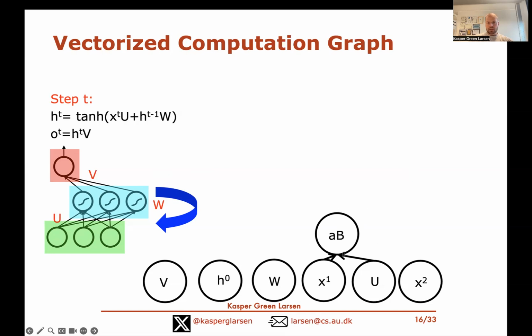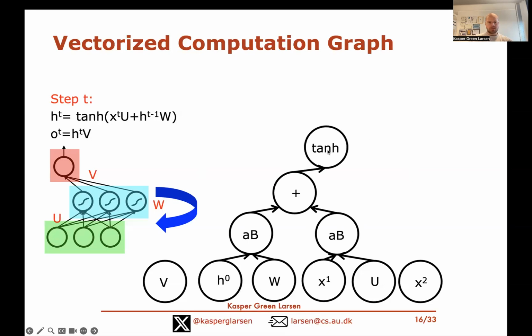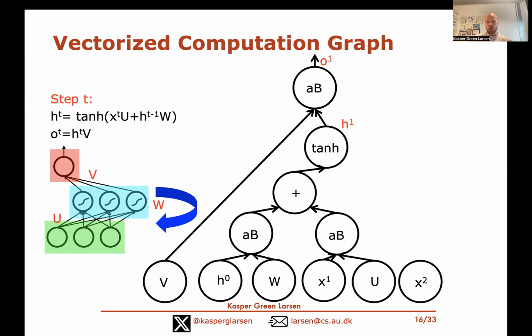We also multiply h(t-1), so that's h0, with W in a vector matrix product. We add them up with a sum and apply tanh on the output. This node is our h1. Then to compute the output, we take this h1 and do a vector matrix product with the V matrix, and this is our O1 output.